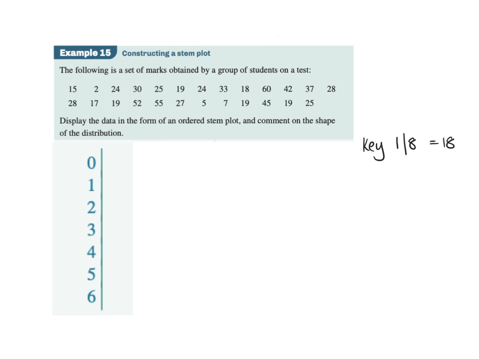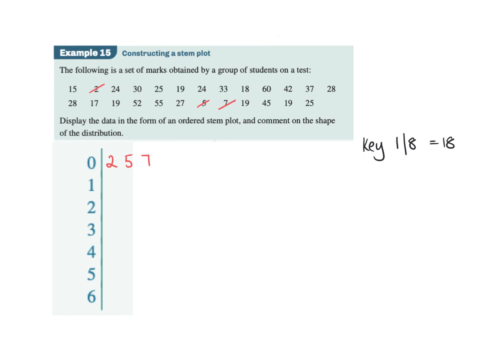What's our lowest number? Looks like a 2. Would we agree? Yeah? All right, so 2 would go here. The next one looks like a 5. So 5, and then 7. Speak up if I get this wrong.